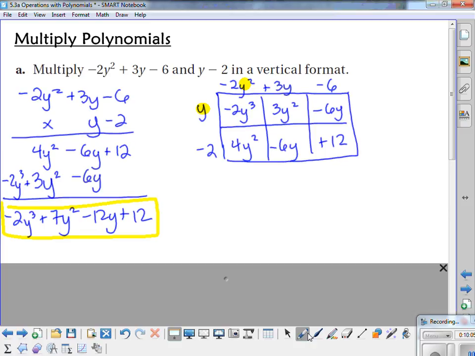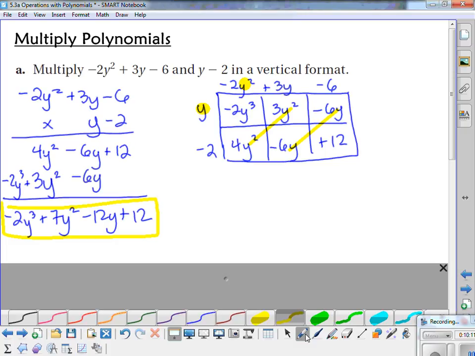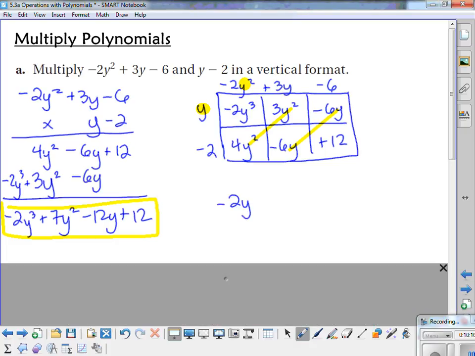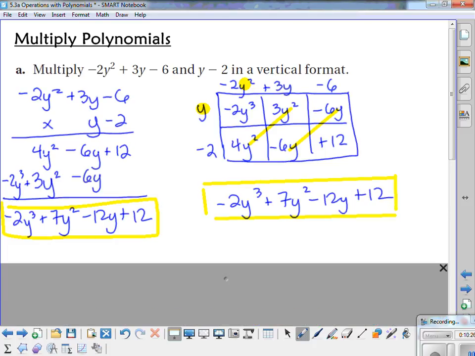And then when you look diagonally, there's your like terms right there. So this is another way that you can organize it. You can see I end up with the same answer, negative 2y cubed plus 7y squared minus 12y plus 12. Okay? Any questions on how I did that? No? Okay.